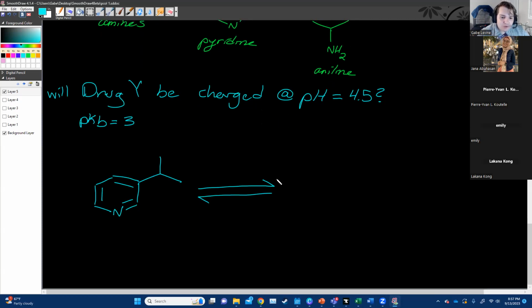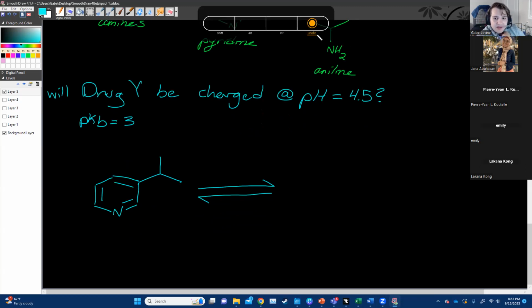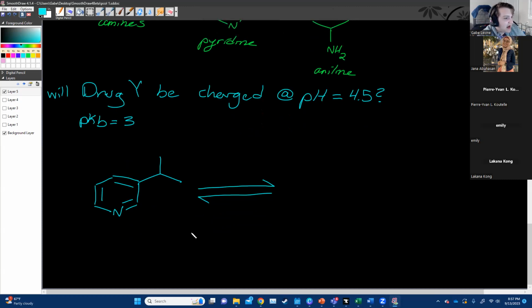What I want you to know is that the conjugate structure for amine, pyridine, aniline is the same structure plus that hydrogen that gets donated. Remember that for basic functional groups, we have that proton plus the drug creates the protonated form of the drug. So does this nitrogen over here have a hydrogen?